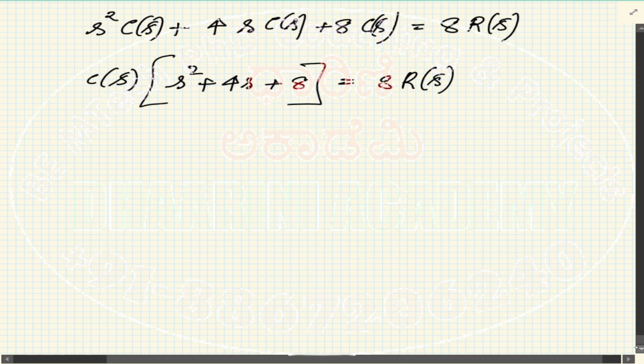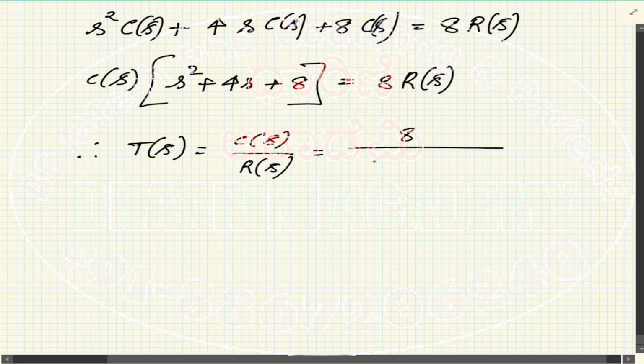So what is the transfer function now? Transfer function T of s is equal to output by input. As they mentioned, output is c of s, input is r of s. So c of s by r of s is what we need, which is 8 divided by s square plus 4s plus 8.